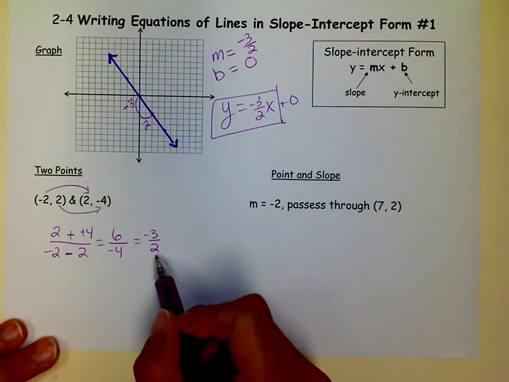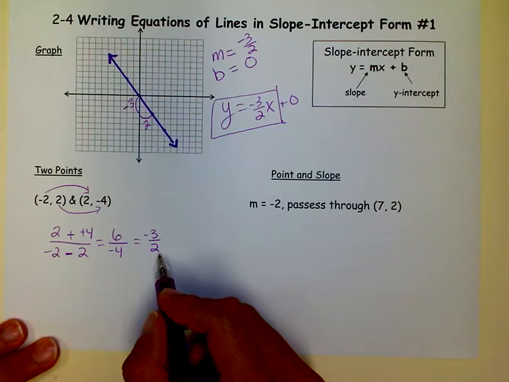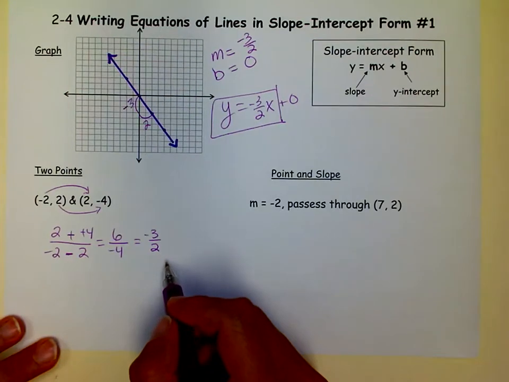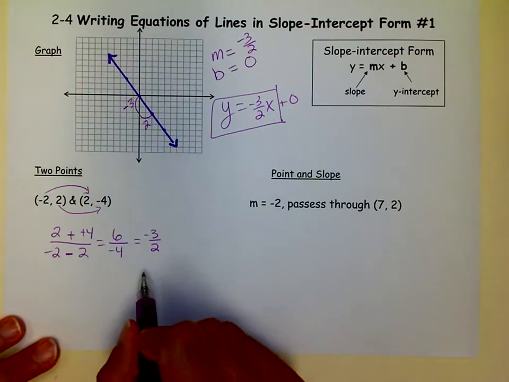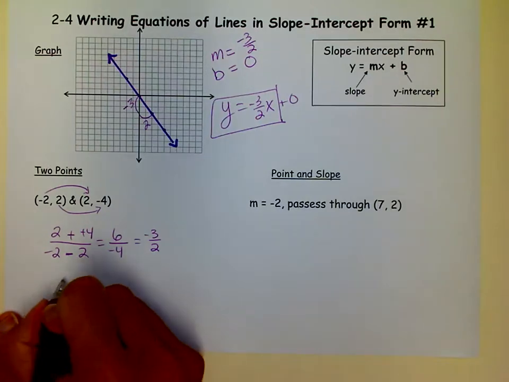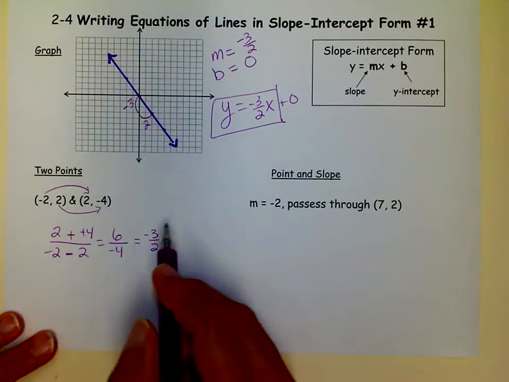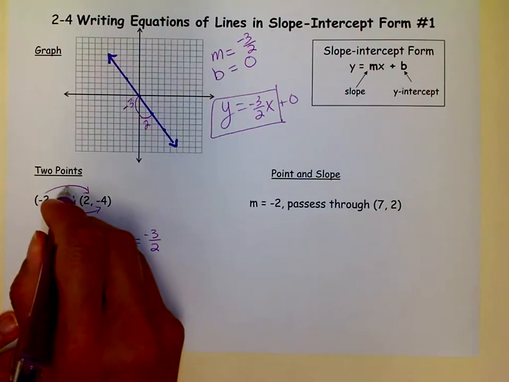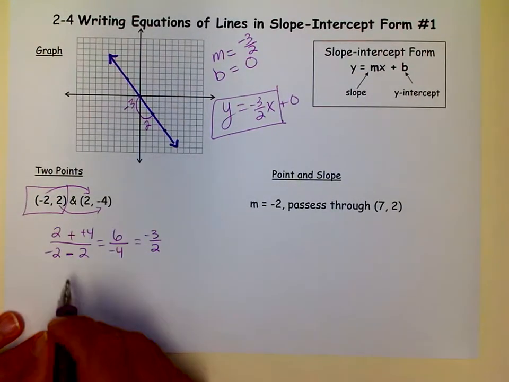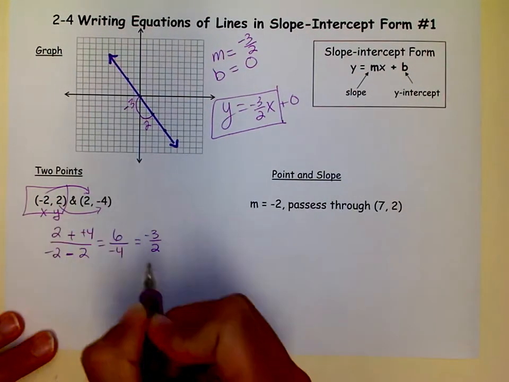Okay, so now we're going to find the y-intercept, and there are different ways to do that. You could graph it and try to figure it out, but how I like to do it is I take my slope-intercept form, and I pick a point. I'm going to pick this one. This is x, this is y, this is m.